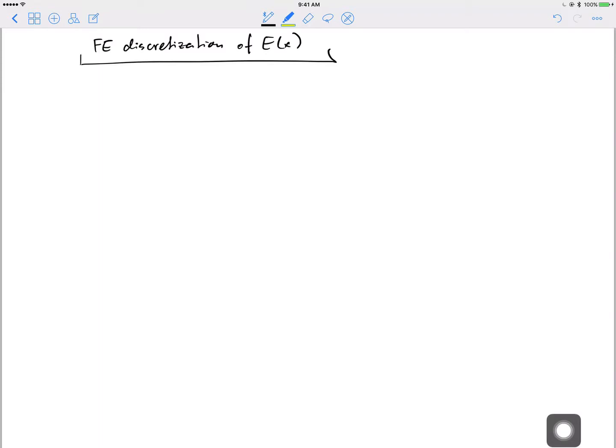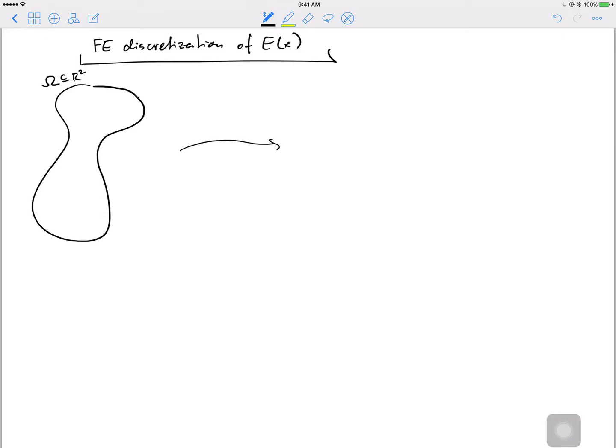So first we'll talk about the continuous case. Let's assume again I have some domain omega. Again, let's do it in two dimensions first. And let's say that this domain is deformed by some deformation function f.